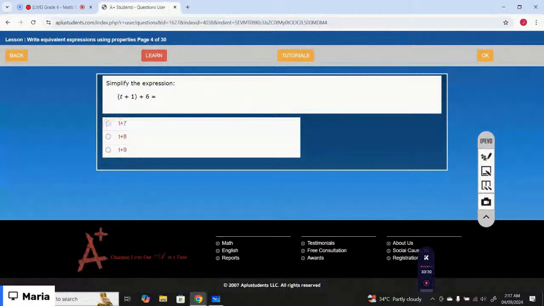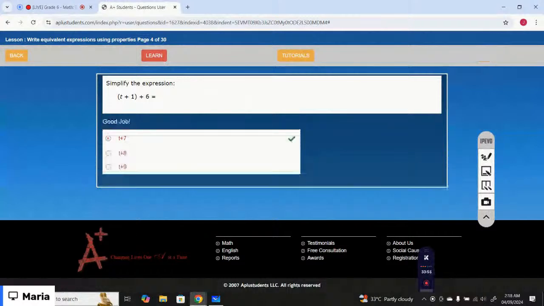Okay, the next one is simplify the expression t plus 1 plus 6. Which is the correct option? The correct option is t plus 7, option number 1.